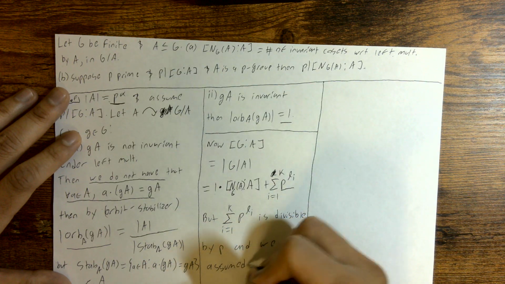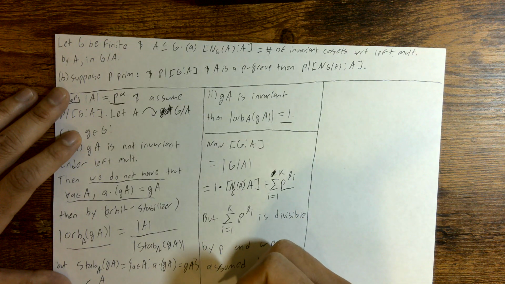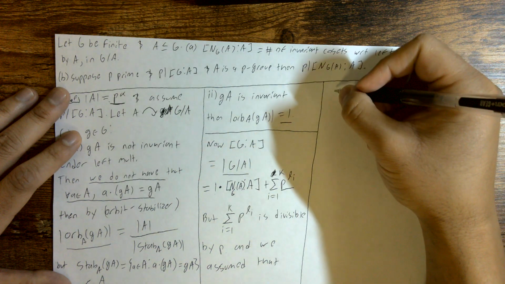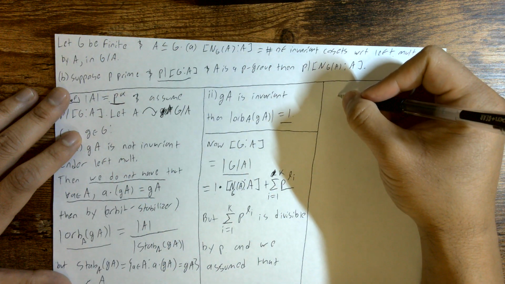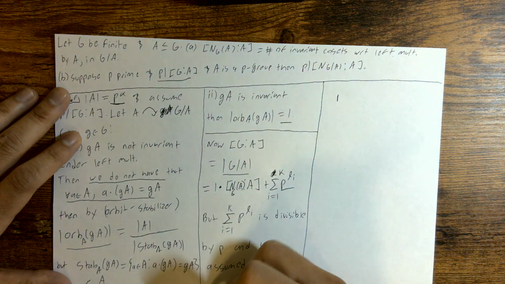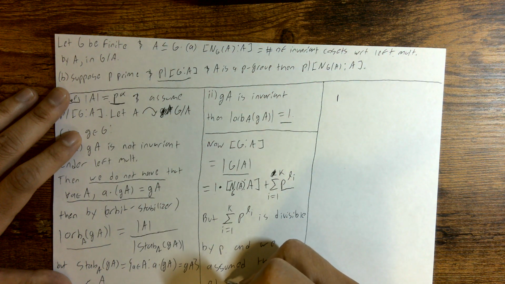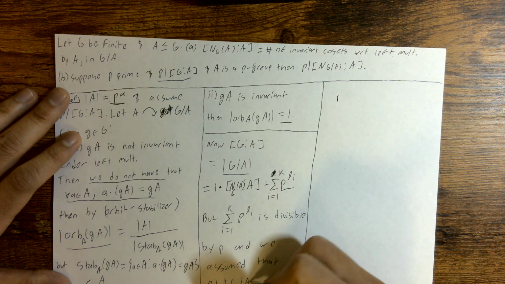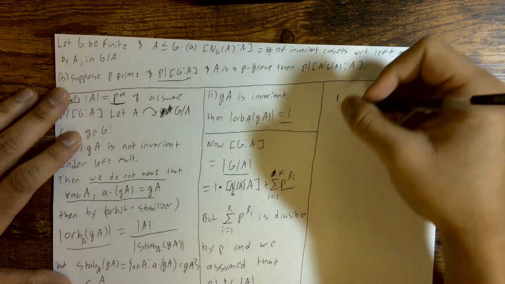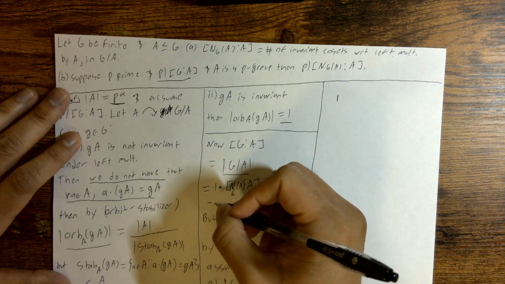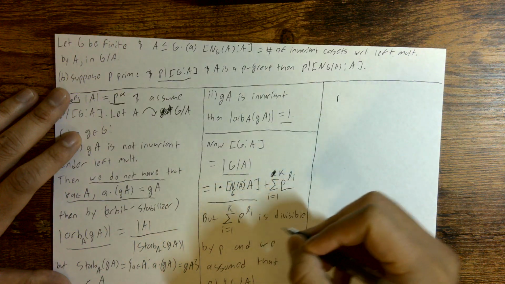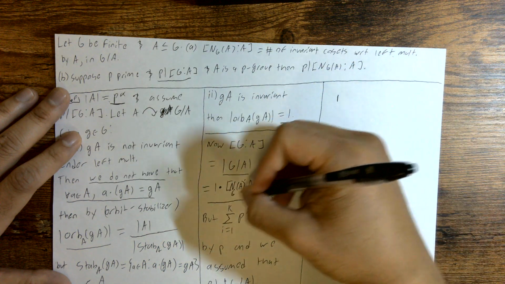And we assumed that p divides the cardinality of G mod A. Well, if p divides the cardinality of G mod A, then it must divide the index of A in its normalizer.